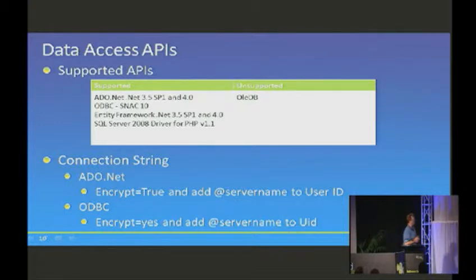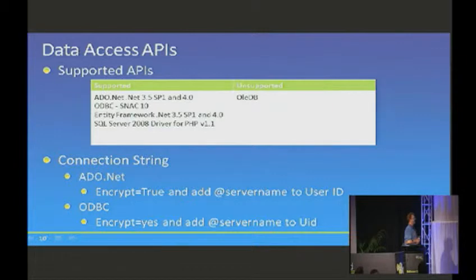So what happens if you don't say encrypt equals true? When ADO.NET, or whatever client you're using, tries to connect to the database, it sends what's called a TDS pre-login packet, otherwise known as a login 7 packet. Inside that packet are all the different parameters with which you want to connect to the database.